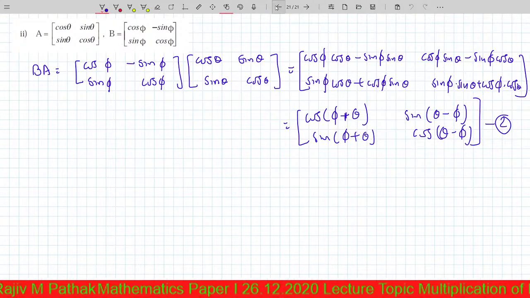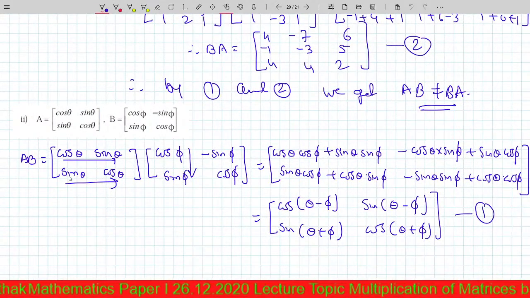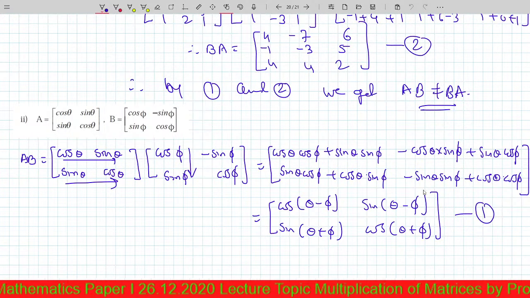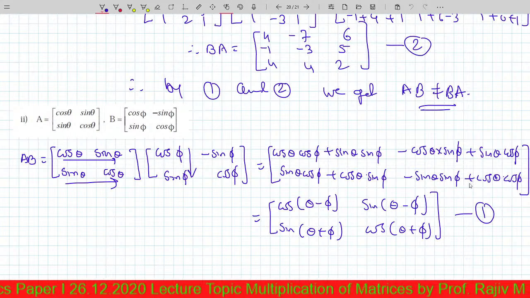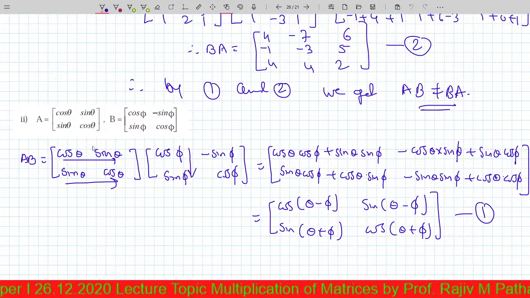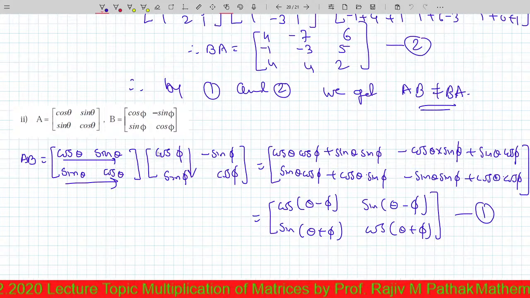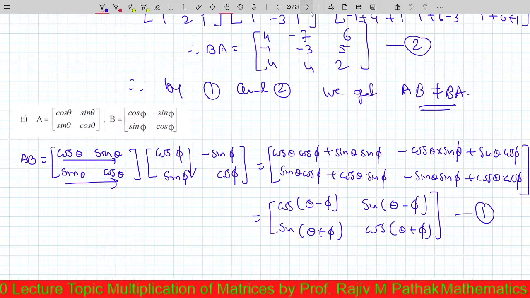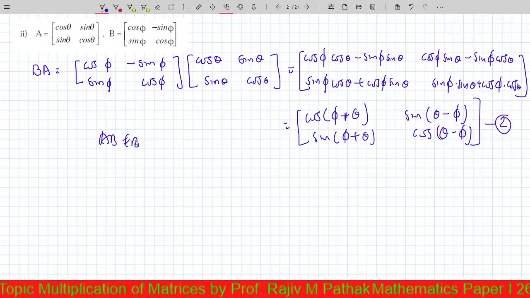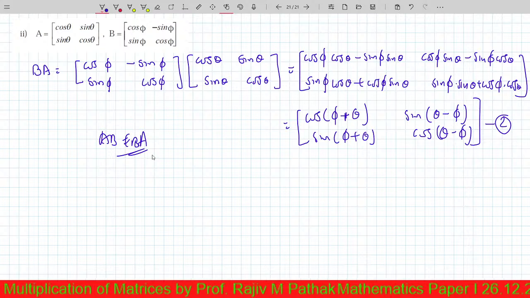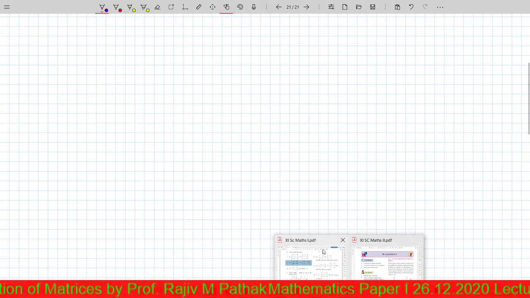This part is going wrong. Let me check here. Sin theta into minus sin, so minus sin theta into sin phi, cos theta into cos phi, so cos of theta plus phi. Yeah, it is unequal. You check it. I got this is unequal here. You just check it.